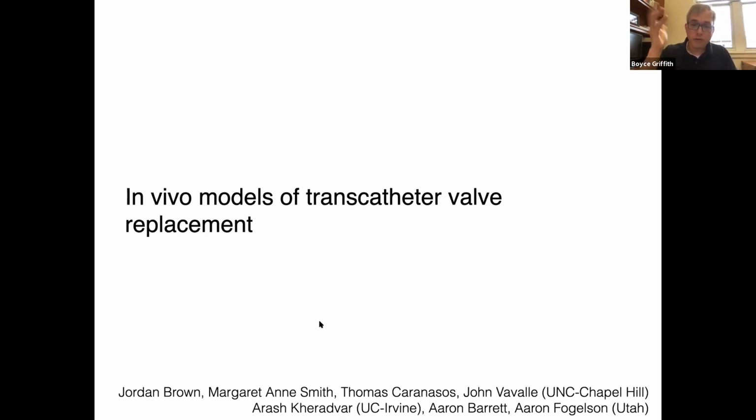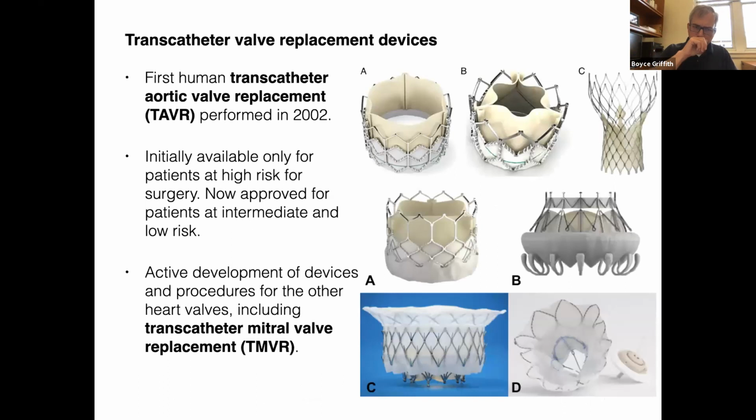Okay, so transcatheter valve replacement. The idea with transcatheter valve replacement is it's not so much replacement as, well, you're deploying a stent-mounted valve on top of the diseased valve. The first human transcatheter aortic valve replacements were performed almost 20 years ago.